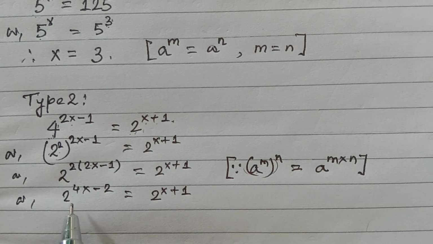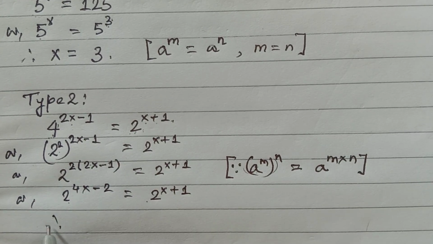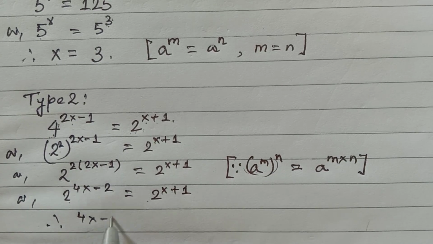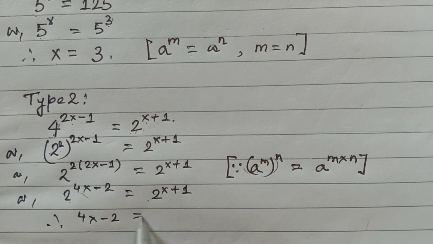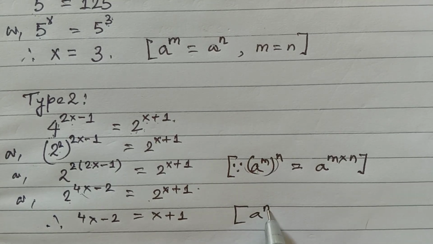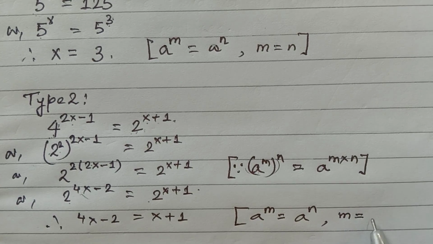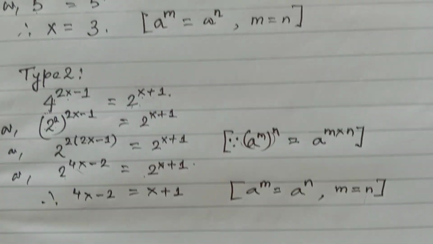Now we have the same base on the left hand side and right hand side. Therefore, we can say that the power 4x minus 2 is equal to the power x plus 1. This is because if a raised to power m is equal to a raised to power n, then m is equal to n.